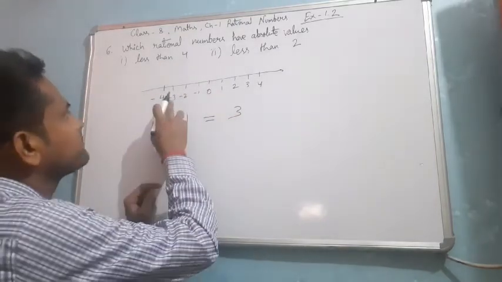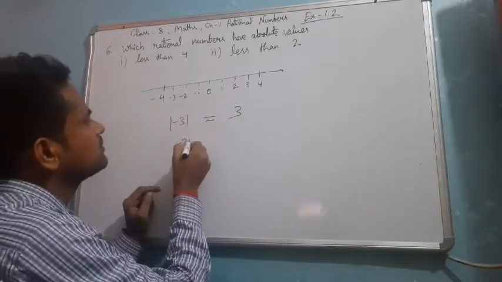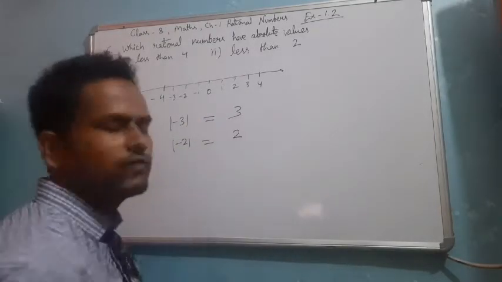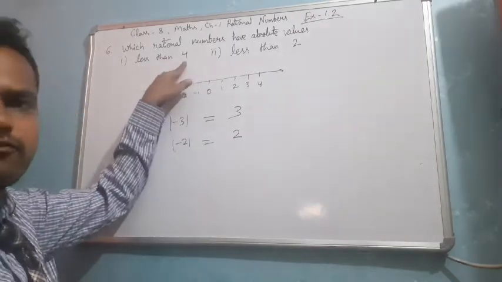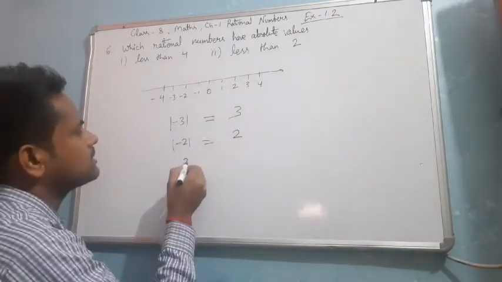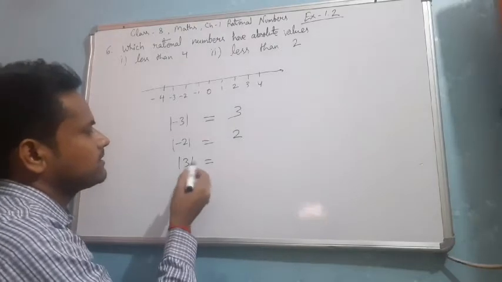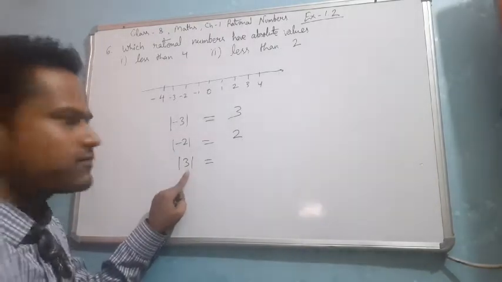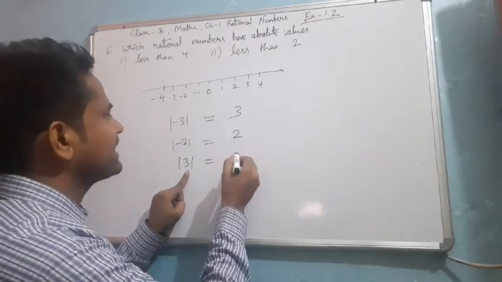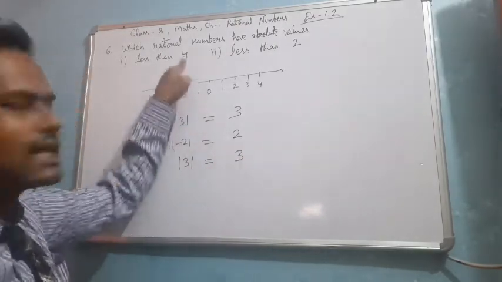If we take minus 2, then we will get plus 2, which is less than 4. If we take 3 and find its absolute value, we will get 3, which is less than 4.